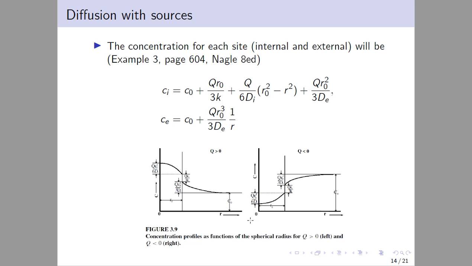Contohnya macam carbon dioxide. Dalam darah carbon dioxide kurang, tapi dalam organ carbon dioxide tinggi. So carbon dioxide akan pindah daripada organ ke pembuluh darah, dibawa ke jantung dan dikeluarkan. So that is the example.